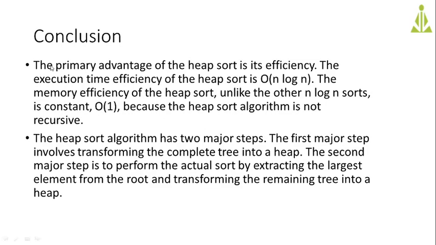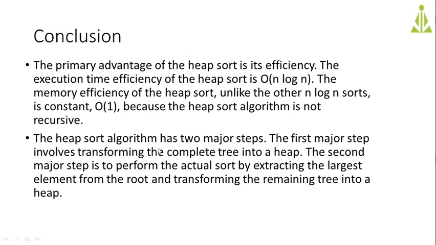So what is the conclusion? The primary advantage of heap sort is its efficiency. The execution time efficiency of heap sort is order of n log n. The memory efficiency of heap sort, unlike other n log n sorts, is constant, order of 1, because the heap sort algorithm is not recursive.